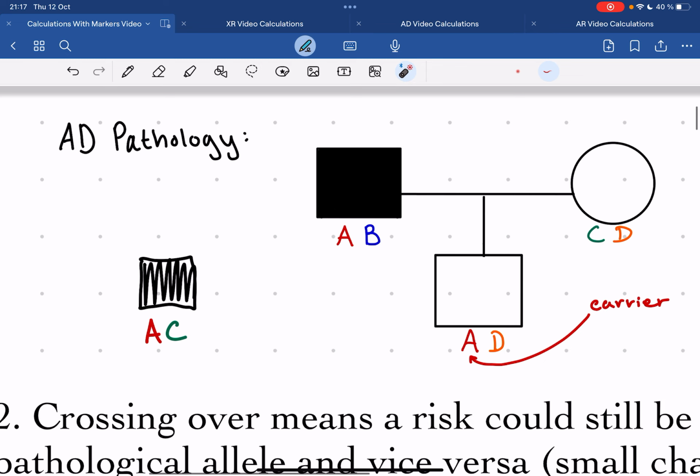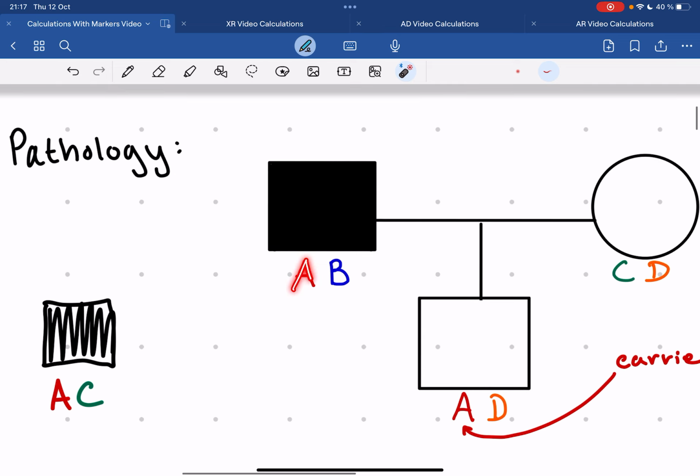In our case here, let's say we have this person that's from the background. He's affected and he has the marker A. This person right here is also in this pedigree tree, even though we can't really see it here, but this person is also connected, and he has the marker also that marks for a pathogenic allele, which is A, and he's also affected.